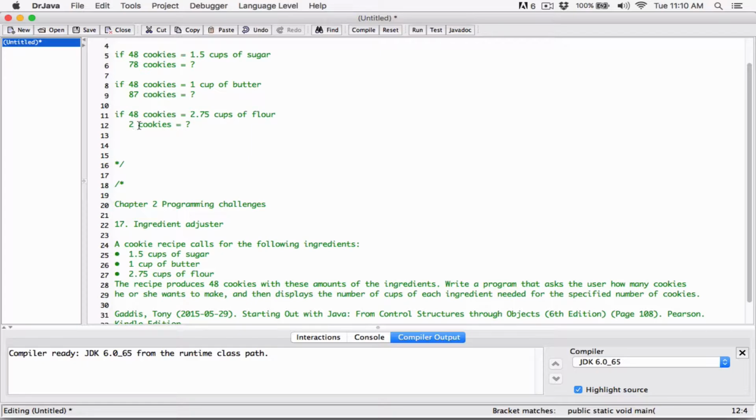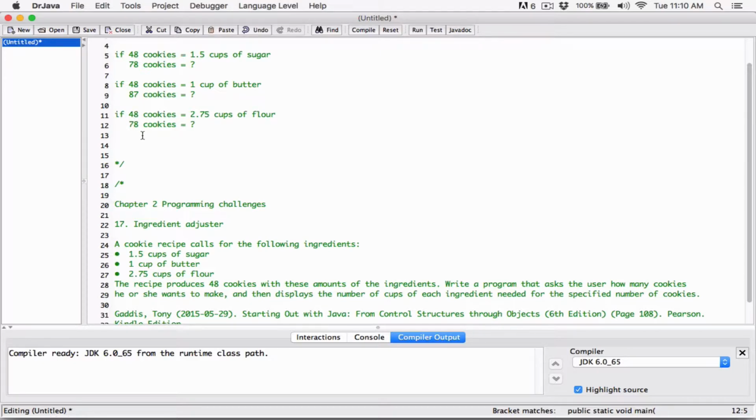And if two cookies is going to give us less cups of flour, then more divides. The bigger number of these two divides. What I mean by that is, 48 is the one that's going to go under 2, and then you end up multiplying by 2.75.